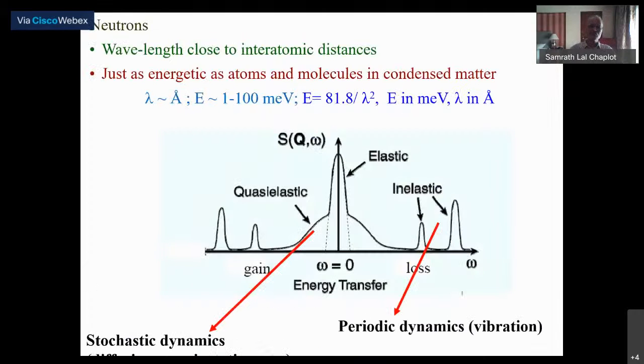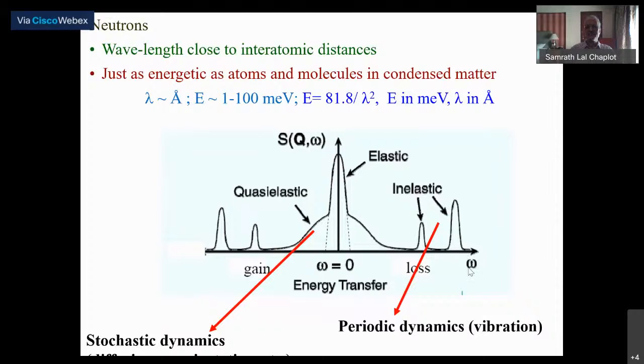The stochastic dynamics gives you Lorentzian functions around zero energy transfer, that is at around omega equal to 0.